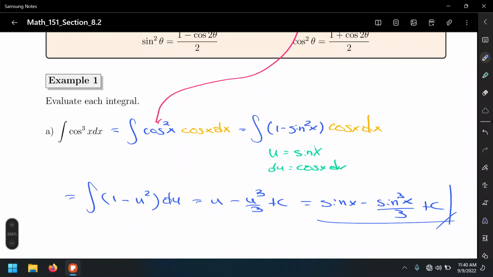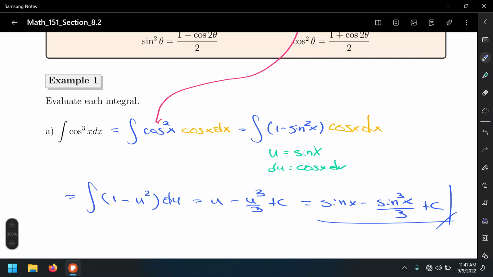We did some breaking up of powers. We saved one power to help us set the du part of the problem. And in this case, we used identities to change the cosine squared in terms of the other function, sine squared, whose derivative is a quantity that multiplies with the dx. That's how we managed to go through this integral.